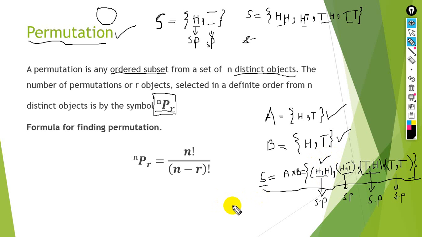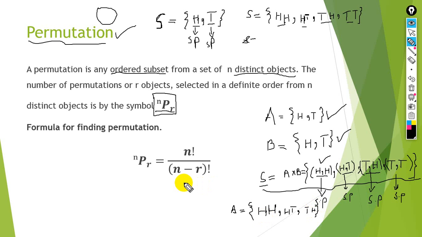So this is the case. So how will we find this? For example, here I am writing this subset, for example in which H exists at least two times. So H H T, okay, then we have H T H, and so on, in which H exists two times.